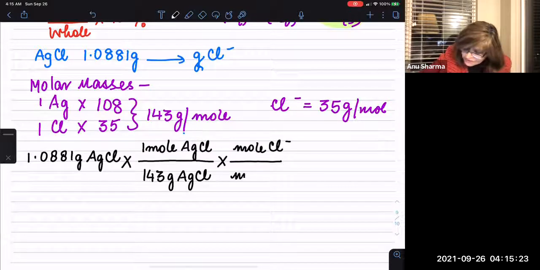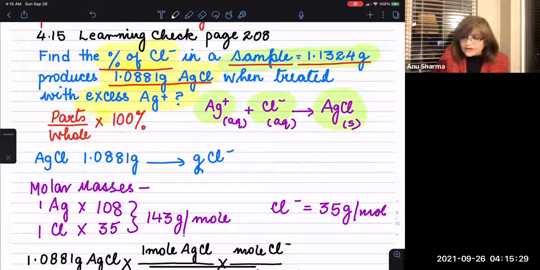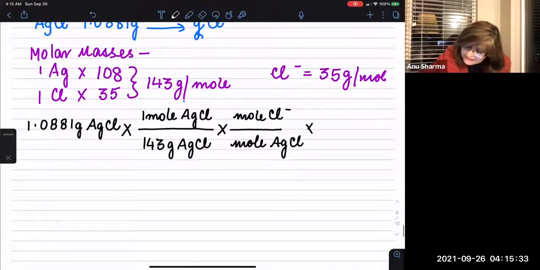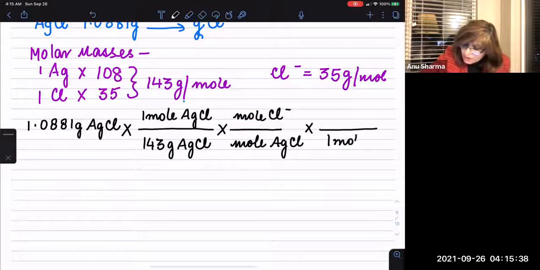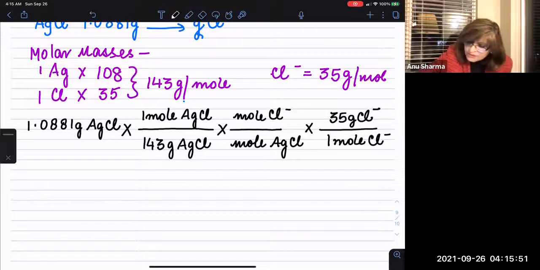And so we want to cancel out the AgCl. So here you see that it's a 1-to-1 ratio between AgCl and the chloride ion. So next, since we want the grams, 1 mole of chloride ions is 35 grams of just the Cl. And yes, it has a charge, but it's a very small amount of change with that in the chloride ions.